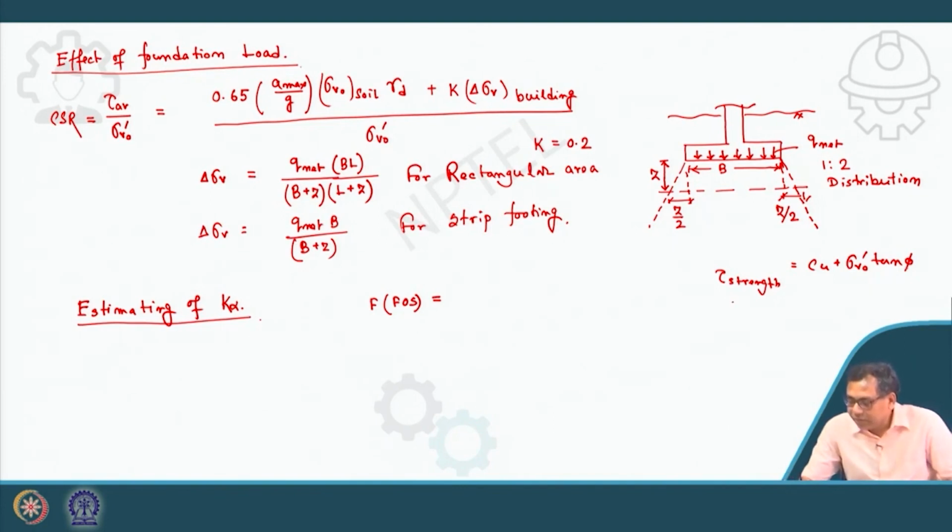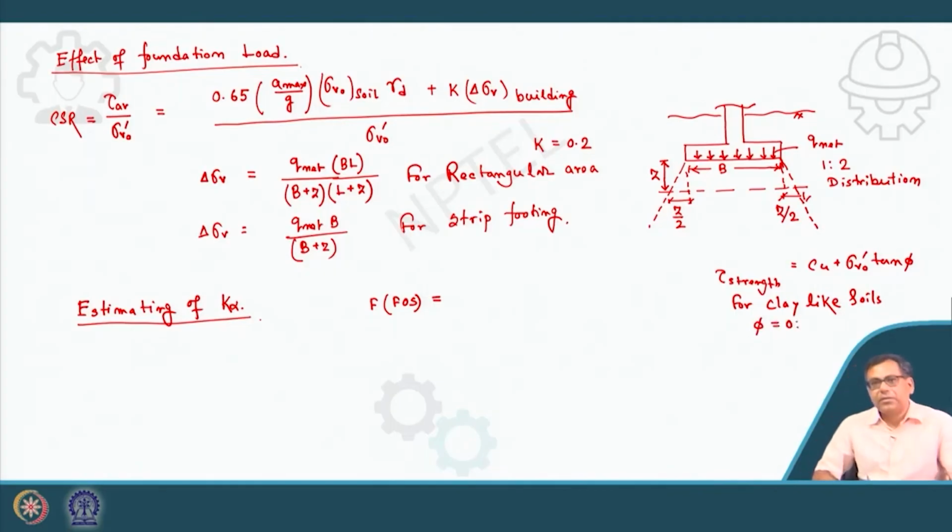Now for clay-like soil under undrained condition, phi will be equal to 0. So that means it is undrained shear strength. Cu is basically the undrained shear strength of the soil.